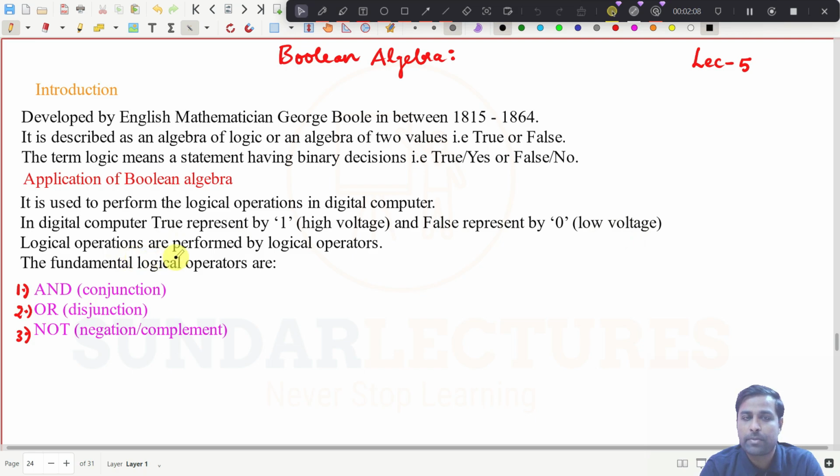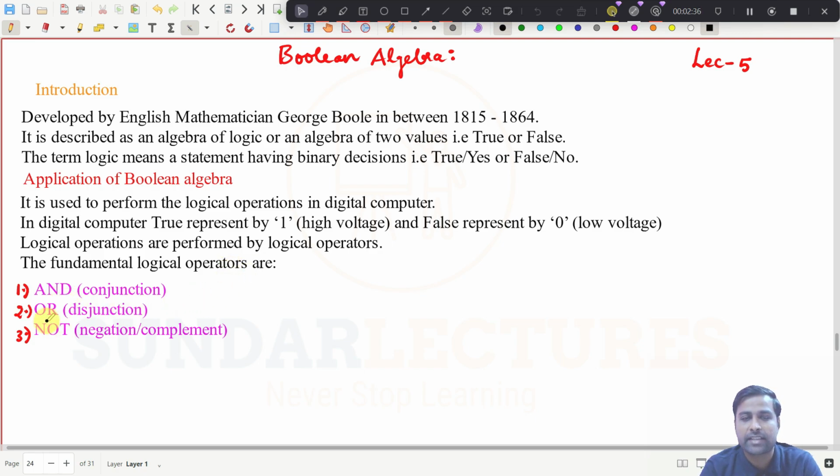Logical operations are performed by the logic operators. We are going to see some gates and also the variables of Boolean algebra, and there are many laws available. Today we are going to see the basics of Boolean algebra, and we will implement Boolean algebra with gates in future classes.